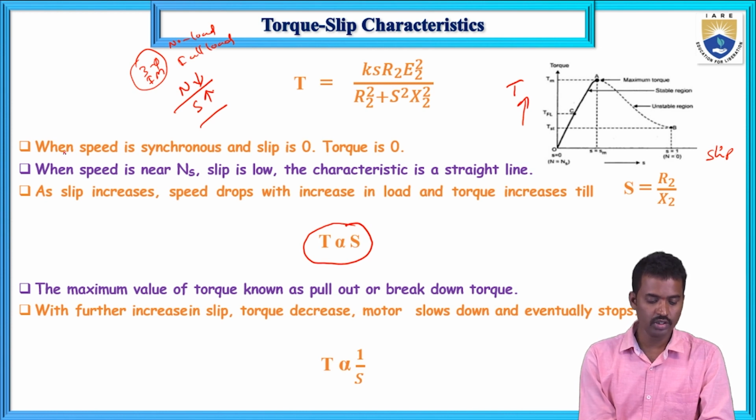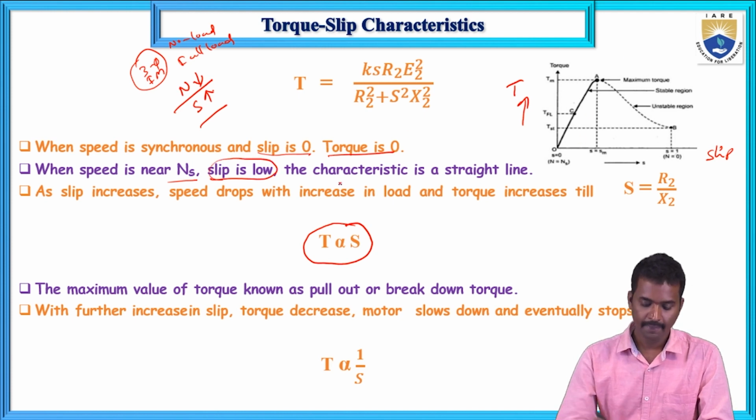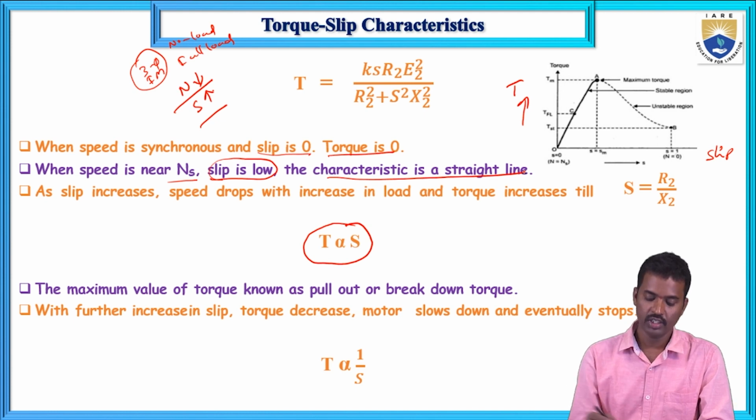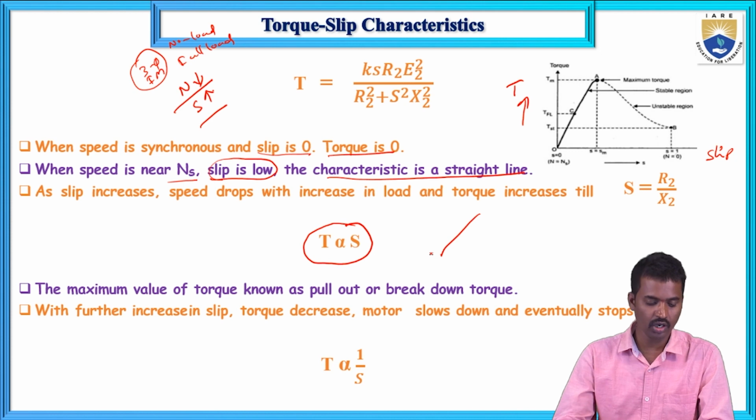When speed is synchronous speed, slip value is 0 and torque value is 0. When slip is near to NS, slip is low and the characteristic is a straight line passing through the origin.